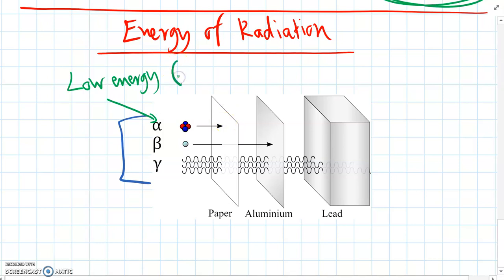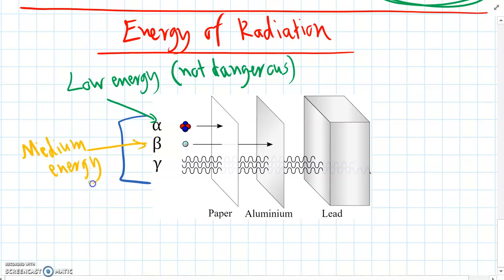So, alpha particles are not dangerous, because they don't have much energy. Beta particles, they're a little bit higher in energy. You can say medium energy. And they'll go through paper, but they'll get stopped by a thin sheet of aluminium metal. So like tin foil from the kitchen. So they can actually go through your skin into your body, so they can be dangerous a little bit.